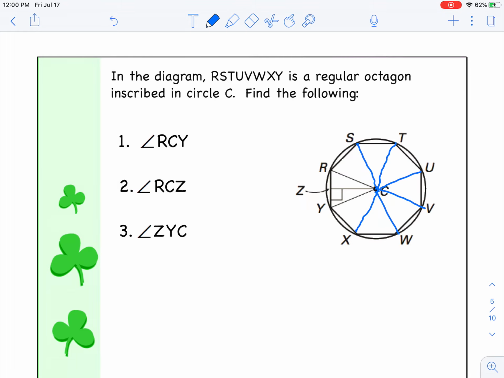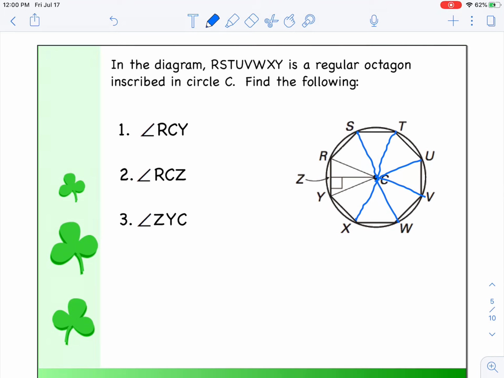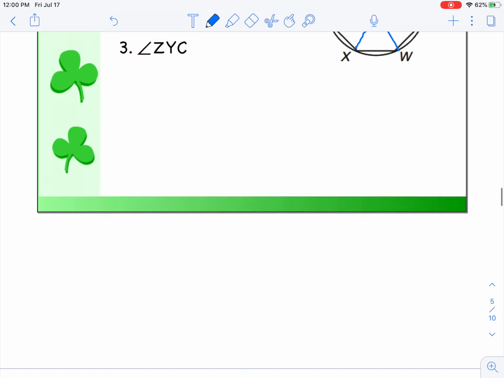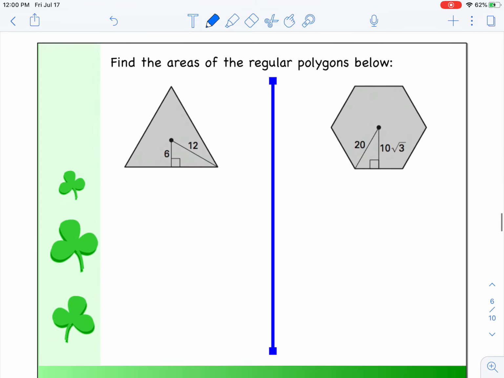Because you have an octagon, 8 sides, you're going to have to take 360 divided by 8 to start with. Okay? So give that one a try. See if you can calculate those on your own, those angles. So that's important in finding the regular polygon area, because we'll have to know some of those angles. And then check the notes to see if you've done it correctly.